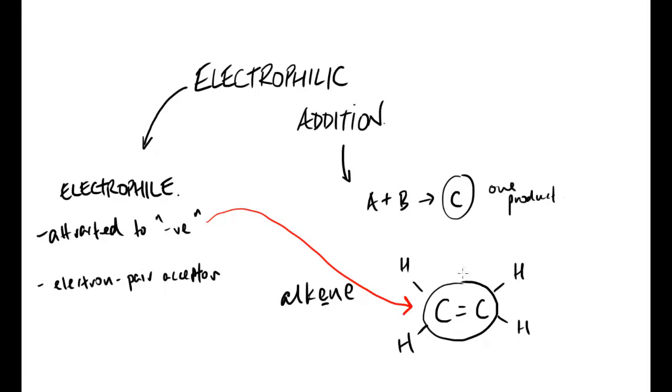So our electrophile is invariably attracted to this area, the carbon-carbon double bond, which is an area of high electron density, and that's the key thing about our carbon-carbon double bond.